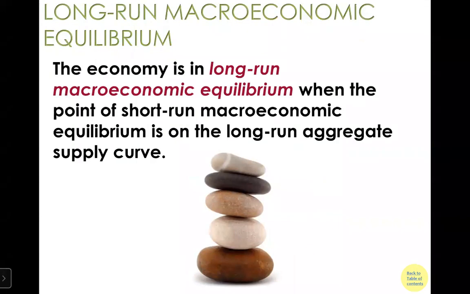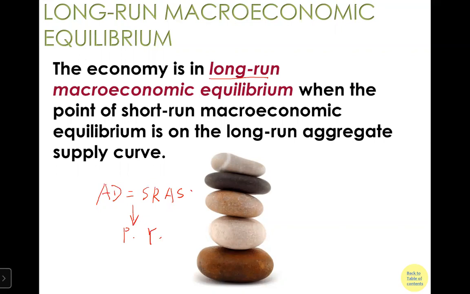Now we're ready to look at long-run macroeconomic equilibrium. In some sense, this is an equilibrium of equilibrium. Earlier we talked about short-run macroeconomic equilibrium. What is it? We have aggregate demand equal to short-run aggregate supply, and that gives you price and output.